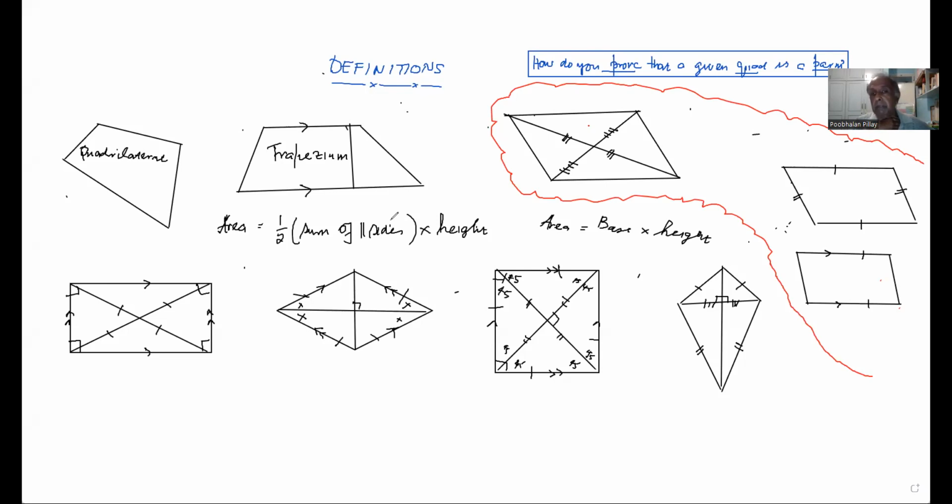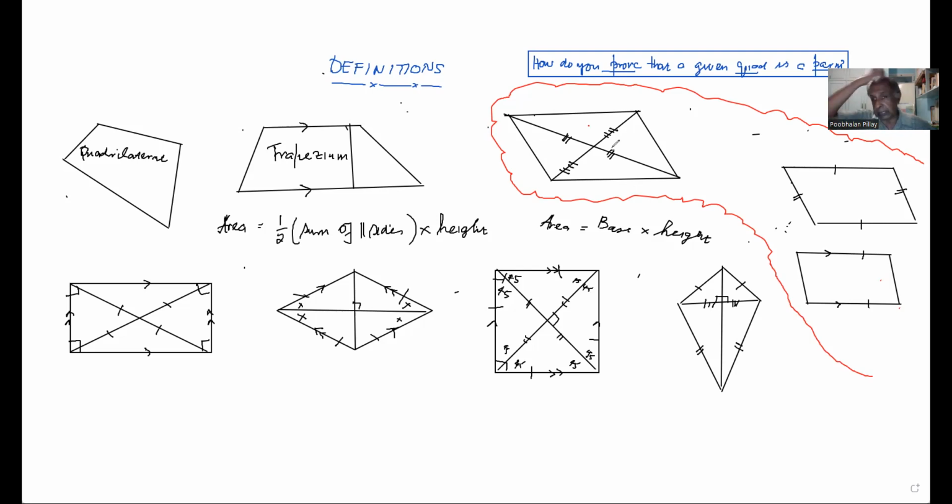But even without that information, you may be given some other piece of information which will make you conclude that it is a parallelogram. And the answer is there are 3 different ways in which you can conclude that a given quadrilateral is a parallelogram, right? And these 3 are encapsulated within this red boundary line here.